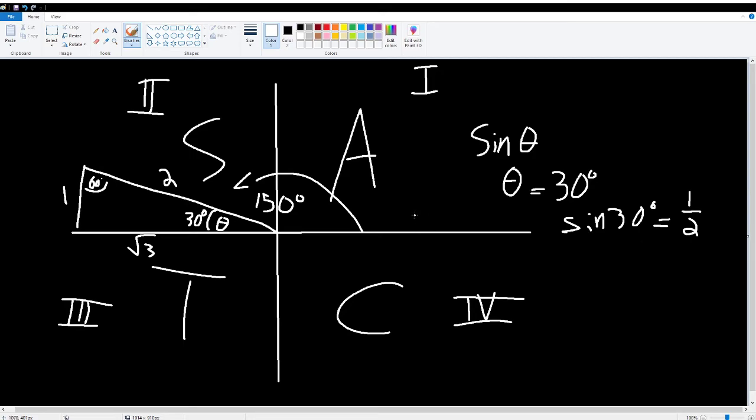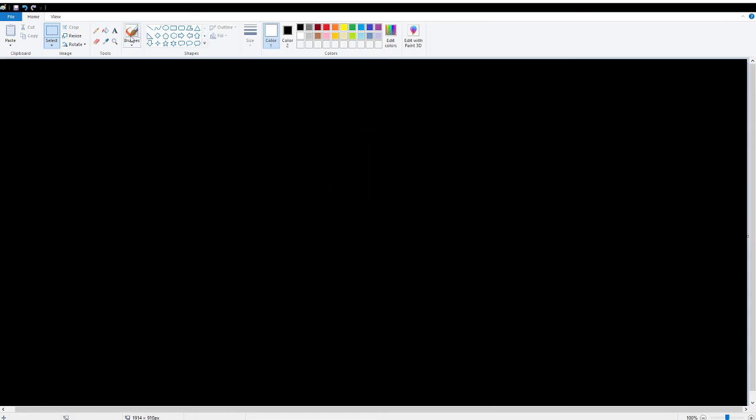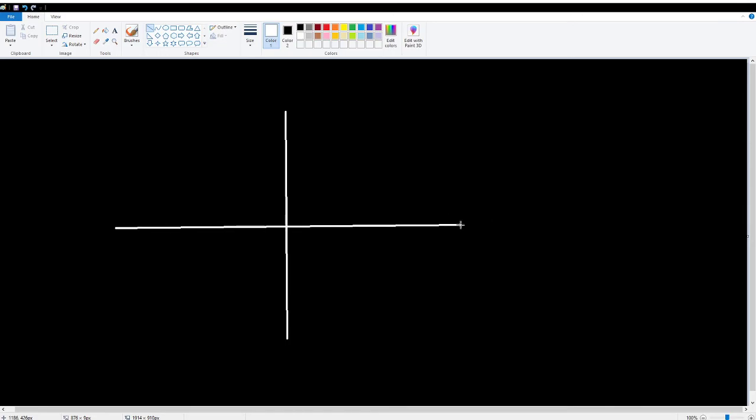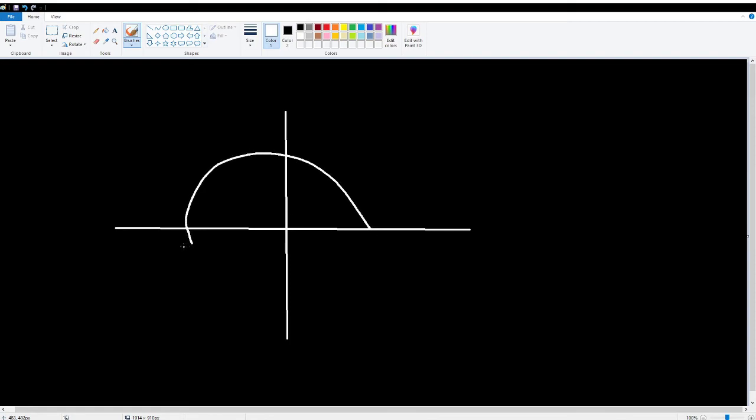But now, what if it were flipped? What if it was sine of, let's see, sine of 210? So let's just rewrite this. So sine of 210. So 210 is something like this.